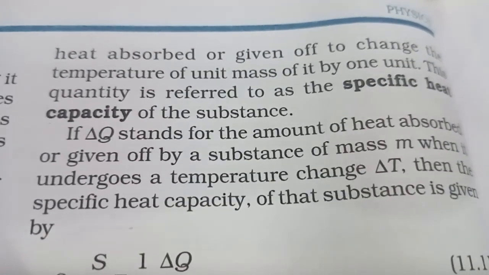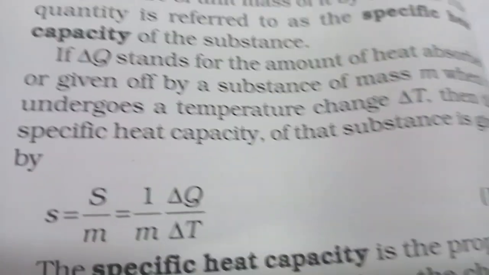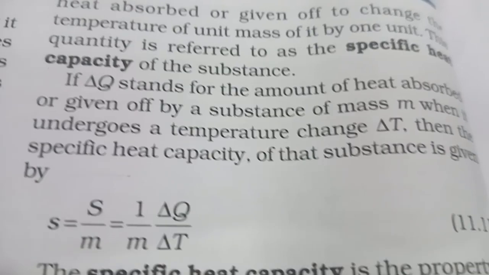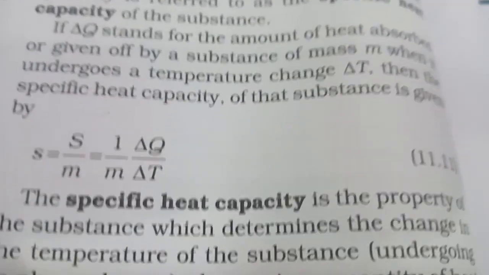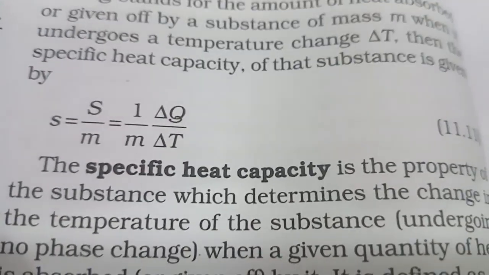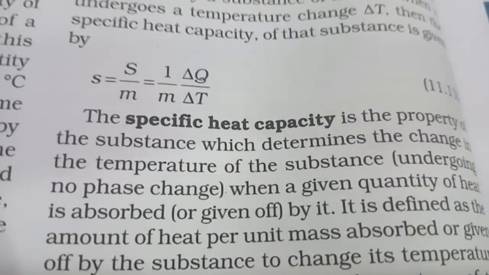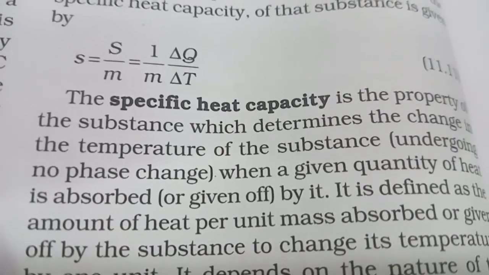This quantity is referred to as the specific heat capacity of the substance. If delta Q stands for the amount of heat absorbed or given off by a substance of mass m when it undergoes a temperature change delta T, then the specific heat capacity of the substance is given by small s, given by S upon m is equal to 1 upon m delta Q upon delta T.